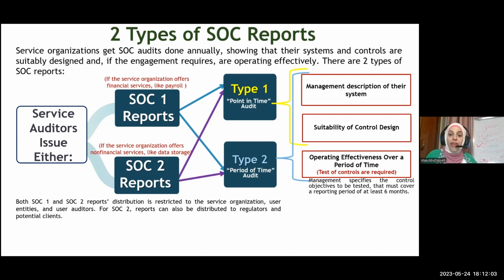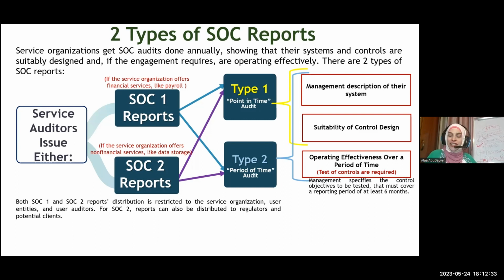Now, for both SOC1 and SOC2 reports, distribution usually is restricted to the service organization, user entities, and user auditors. Now for the SOC2 specifically, reports can also be distributed to regulators and potential clients.